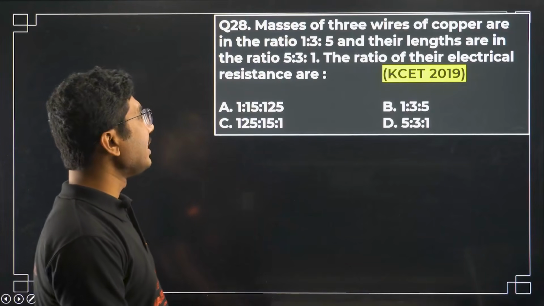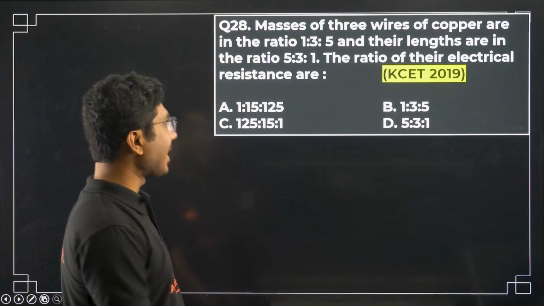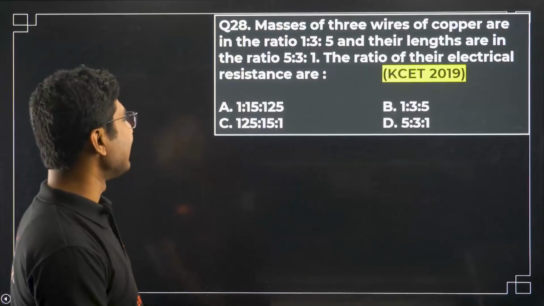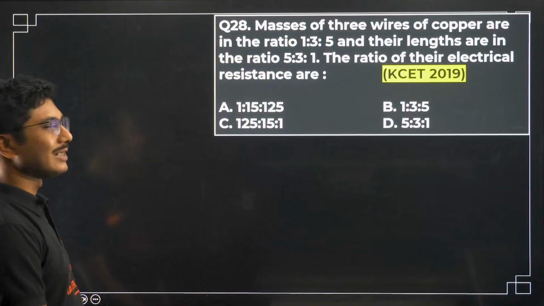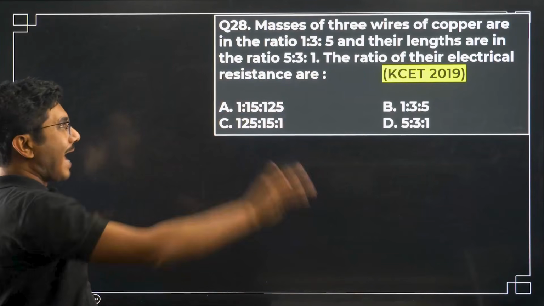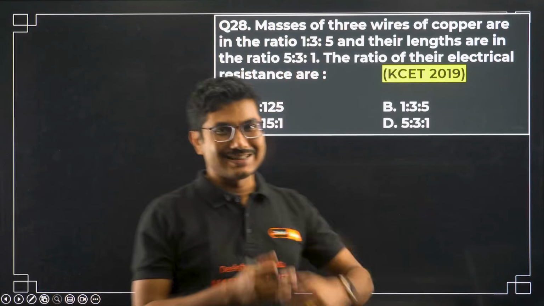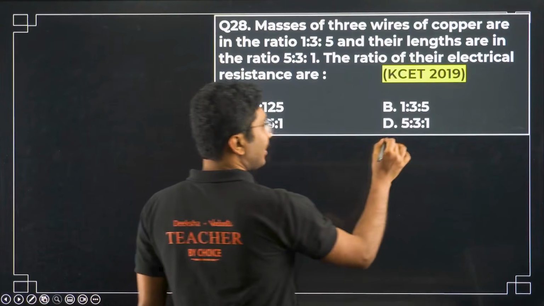Masses of 3 wires of copper are in the ratio 1:3:5 and their lengths are in the ratio 5:3:1. The ratio of their electrical resistances are. Now this is a little complicated question. I am not going to solve this question in this lecture. I will leave this as homework.